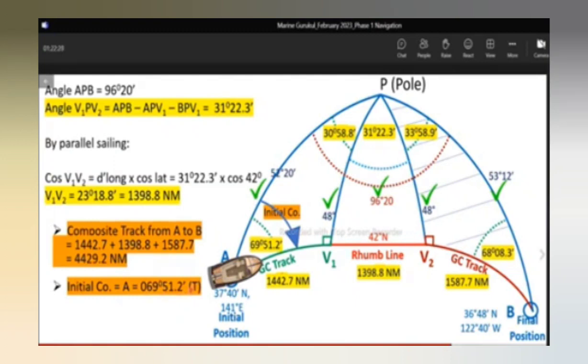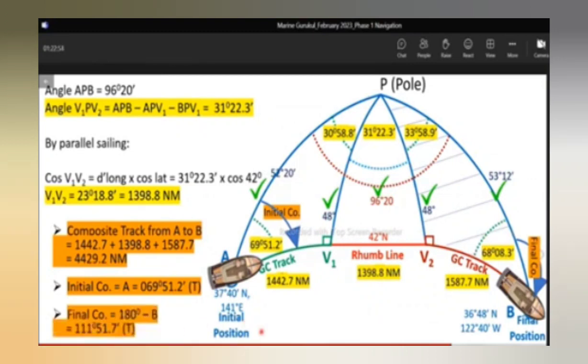Now to get the final course, let's place the vessel as it would be as it reaches B. The vessel would be as this. Now clockwise from true north at B up to the ship's head, let's mark off the final course. This represents the final course here. Angle B calculated is this one, and we can see the final course will be 180 minus angle B. That's how we get the final course.